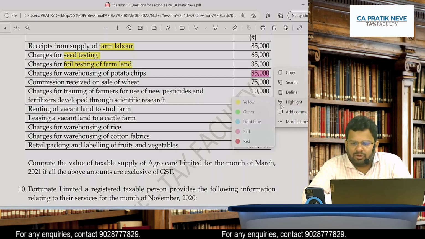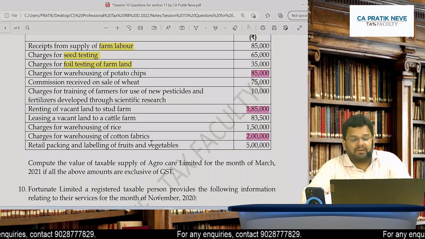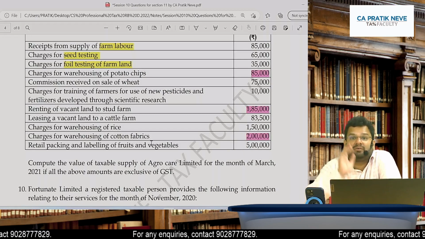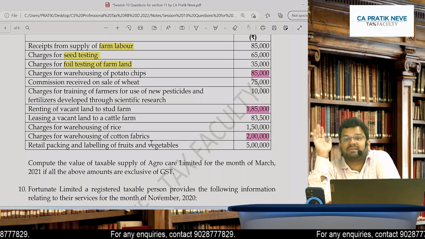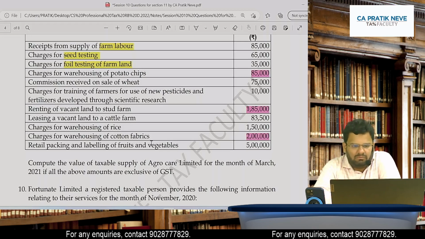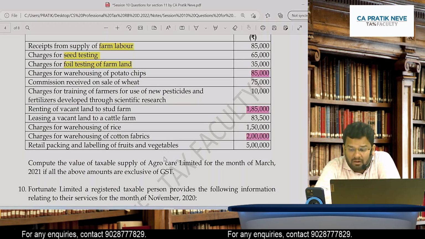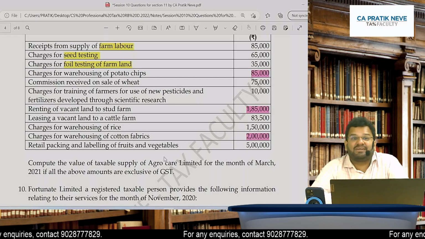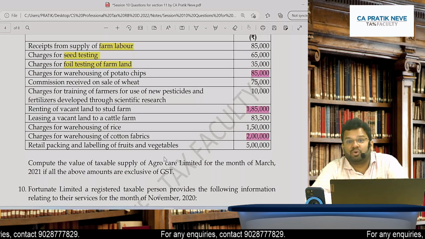And as I told you, retail packing and labeling of fruits and vegetables is specifically covered in one entry, that is 57, and it is exempt. So what will be the value of taxable supply? One important point that you have to do is check whether the given supply values are including GST or excluding GST.